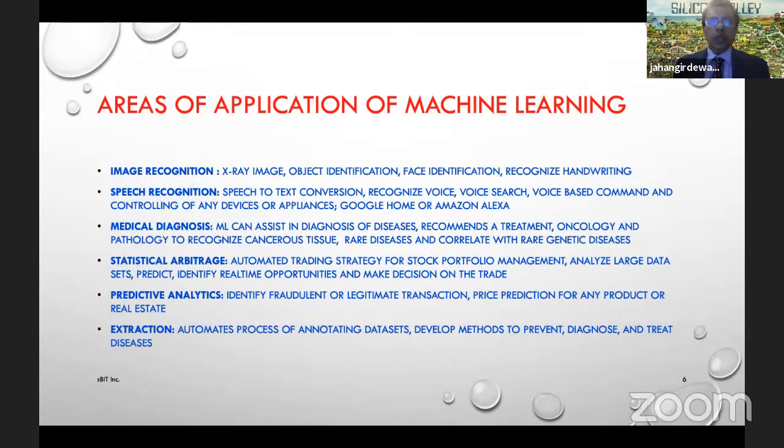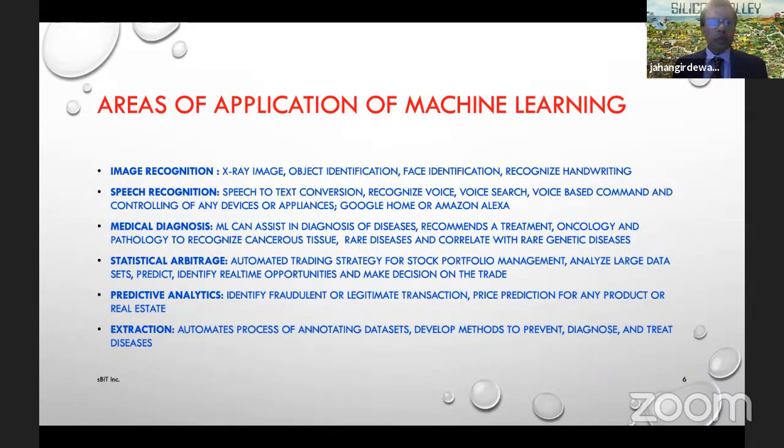Then face recognition, recognition of handwriting, recognizing speech, and medical diagnostics. There is also statistical arbitrage, especially for the stock market: trading analytics, managing the portfolio, and adjusting it based on predictions from the machine learning algorithm, whether to buy, sell, or hold a stock.